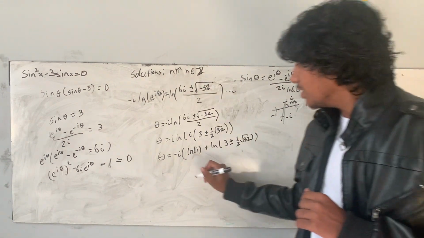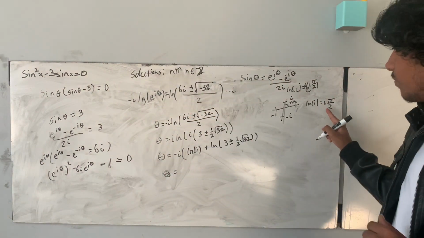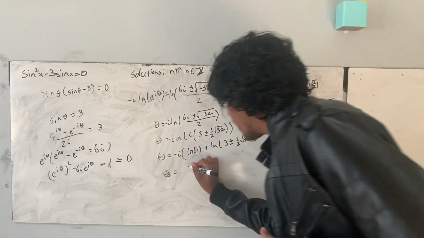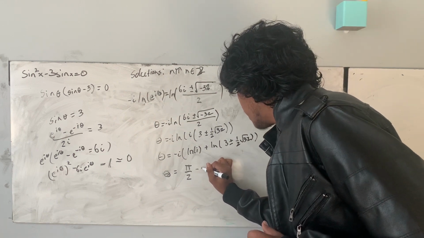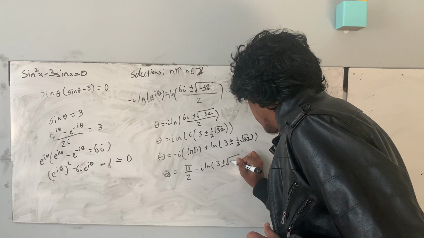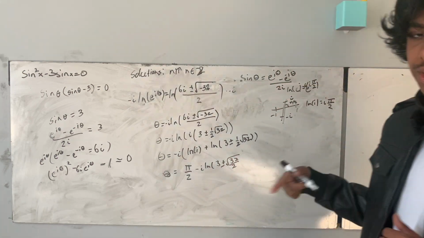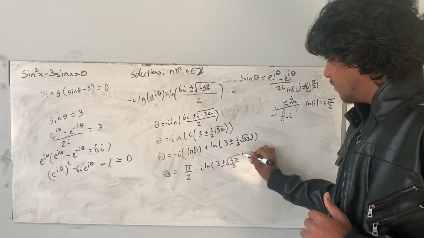So yeah, let's continue. Theta has to equal, okay, negative i times i is 1. So let's just write down pi over 2, minus i natural log of 3 plus or minus 1/2 square root of 32. That square root of 32 is outside, not inside the 2. So yeah.